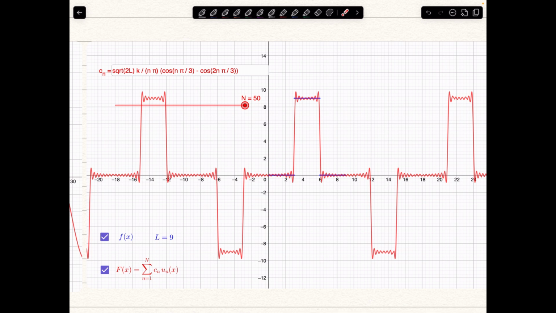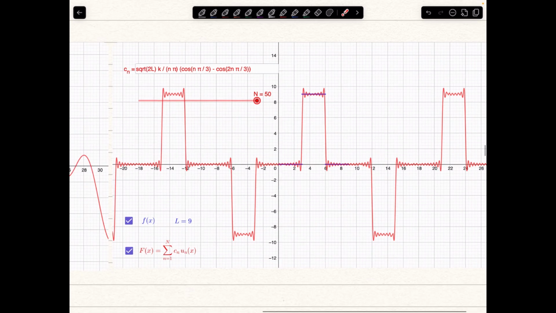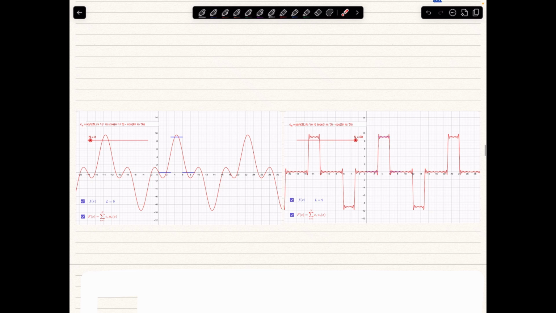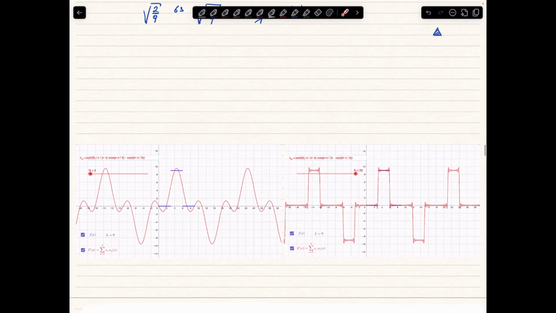You are approximating a function that has no oscillations with oscillatory functions, and what happens is there is a lot of oscillation, super fast and with very small amplitude here, here, and here, and then a big jump, and the jump is such that the value of the function at the discontinuity is exactly the average of the two values of the function, the two side limits. So this is how these expansions look in this example.